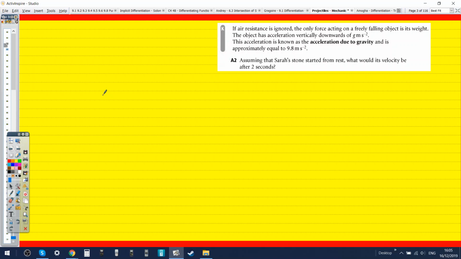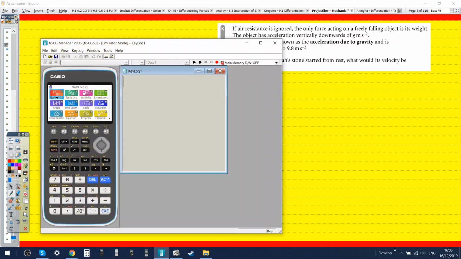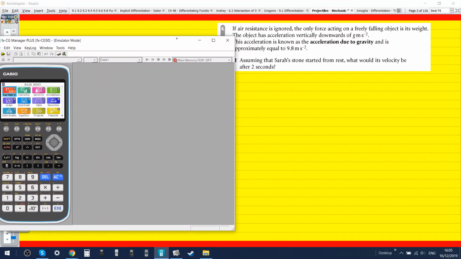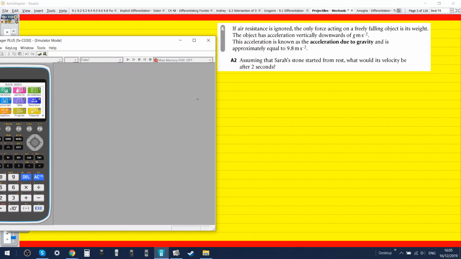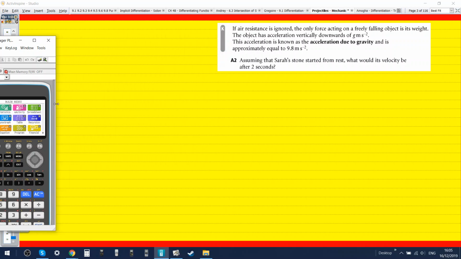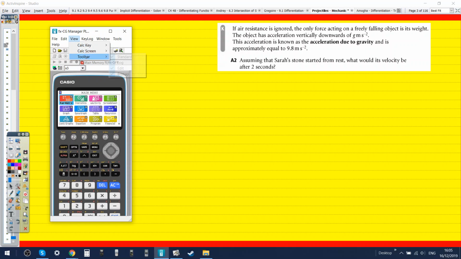You could, yeah. So could we use v squared equals u squared plus 2as? We don't know s for displacement. Would it be v equals u plus at?